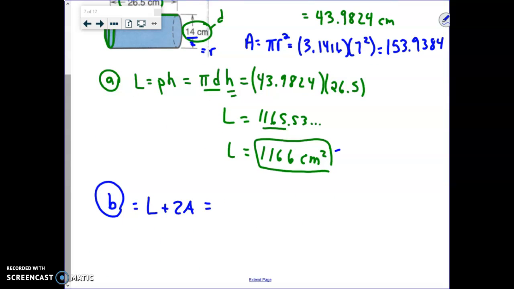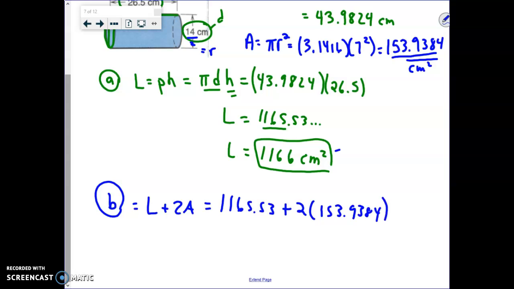So, our area we just found right here, and by the way, that would be centimeters squared if we needed to. We're going to take a lateral area we just found. Now again, I'm not going to use the rounded, I'm going to use the unrounded number. 1,165.53. I know there's more digits to go, but I'm just going to use that. Plus 2 times 153.9384.